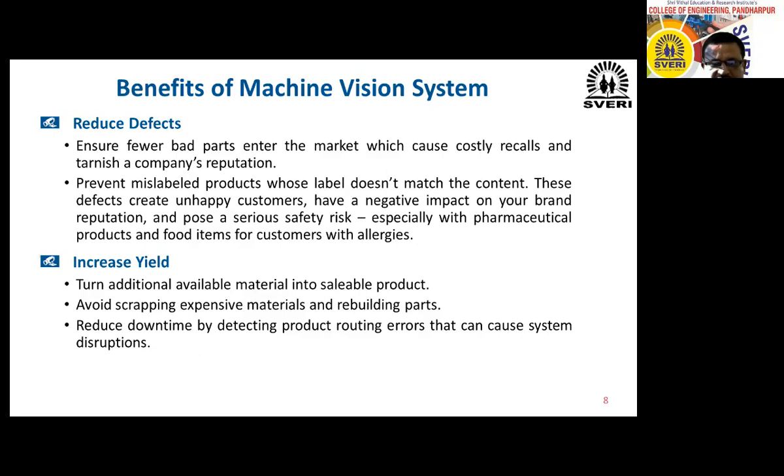Then increase the yield: turn additional available material into sellable product, avoid scrapping expensive materials and rebuilding parts, and reduce downtime by detecting product routing errors that can cause system disruptions.